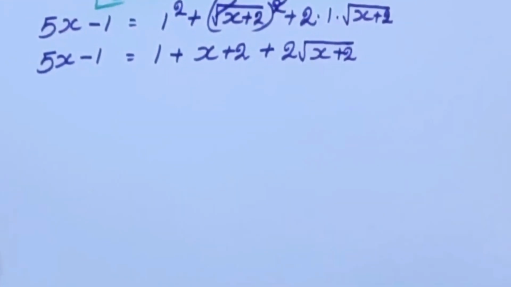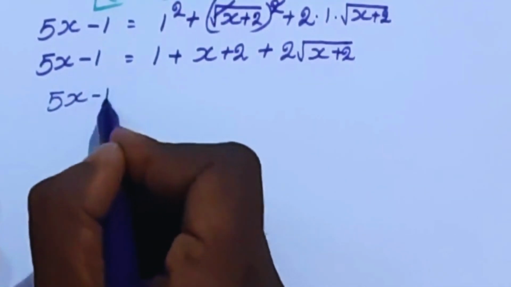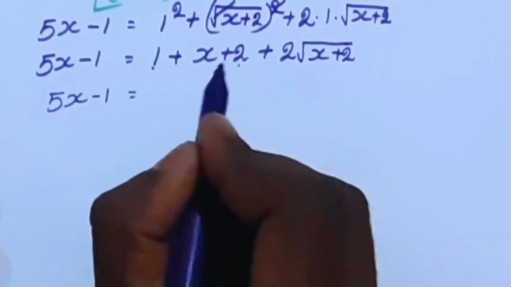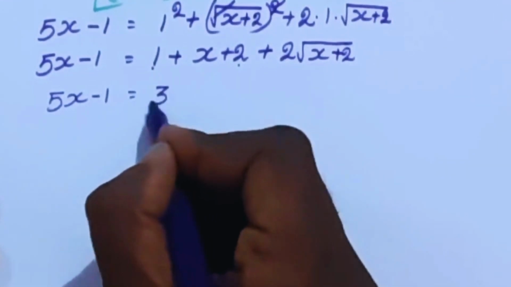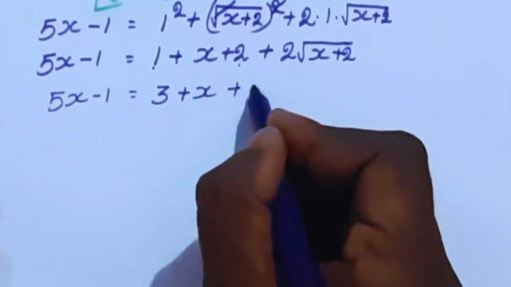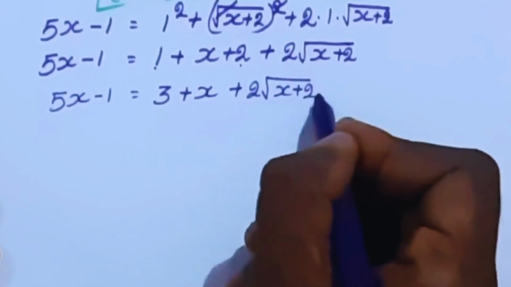Now 5x minus 1 equal to 1 plus 2 is 3, plus x plus 2 square root of x plus 2.